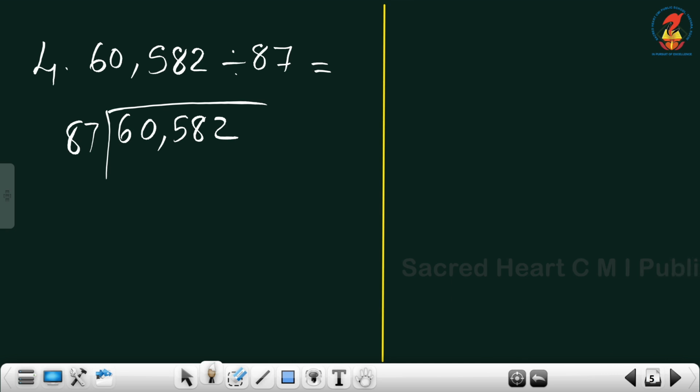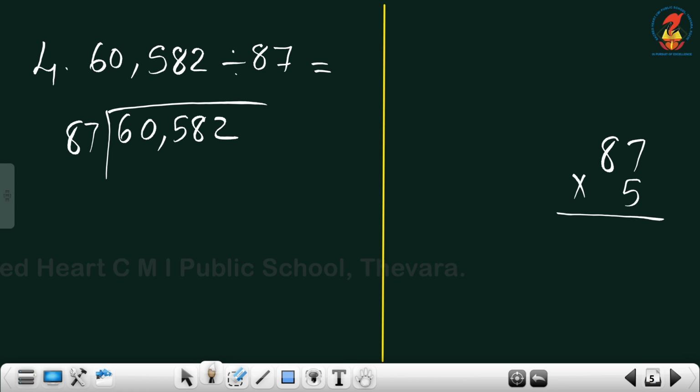87 into which number equals 605? I will multiply here 87 into, because it is a bigger number, I simply check it with the 5. 87 into 5 is what? We don't know, that's why we need to check. 7 5s are 35, 3. Then 8 5s are 40, 40 plus 3, 435 only.